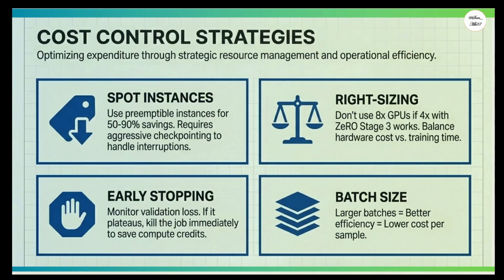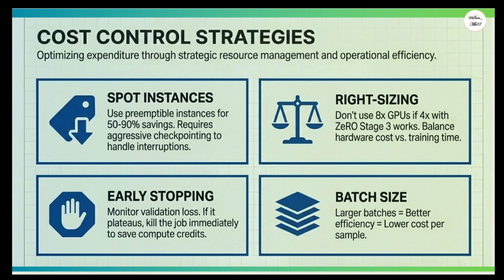So, some cost optimization. The biggest lever here is spot instances. If you train models on any of these cloud providers like AWS and Microsoft, you have the option to leverage spot instances, which can save you up to 90% in cost. The only thing you need to consider is that you need checkpointing to handle interruptions. You also need to do right sizing. You shouldn't pay for 8 GPUs if 4 GPUs using ZeRO stage 3 can do the job for you.